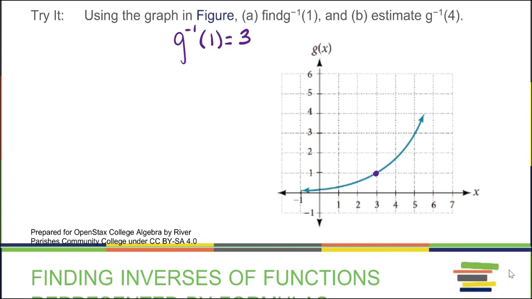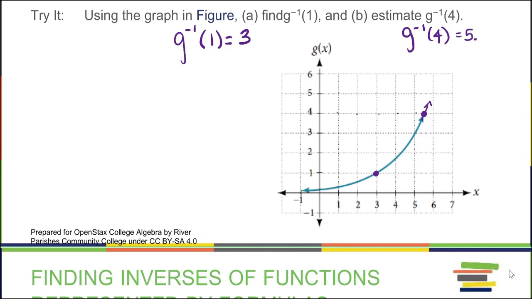Now, we're going to estimate g inverse at 4. For this one, we go up to 4 and we go over. And it looks like, right there, 1, 2, 3, 4, 5.5.